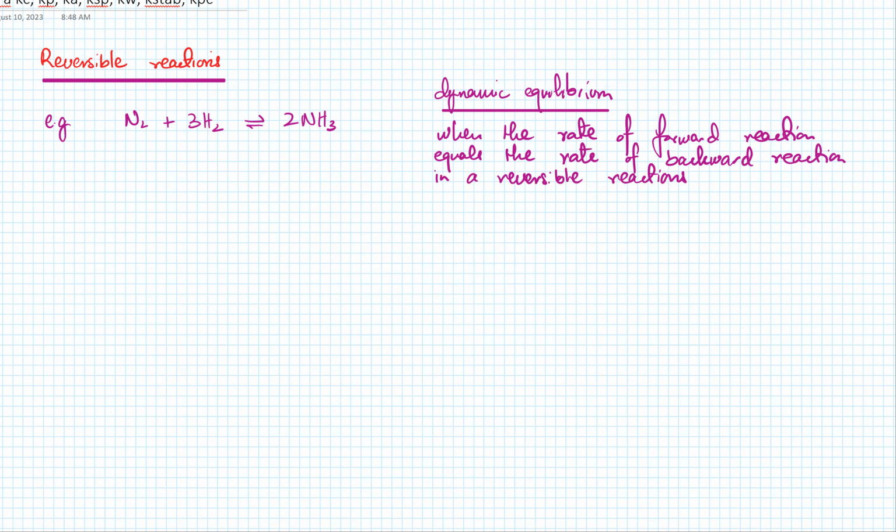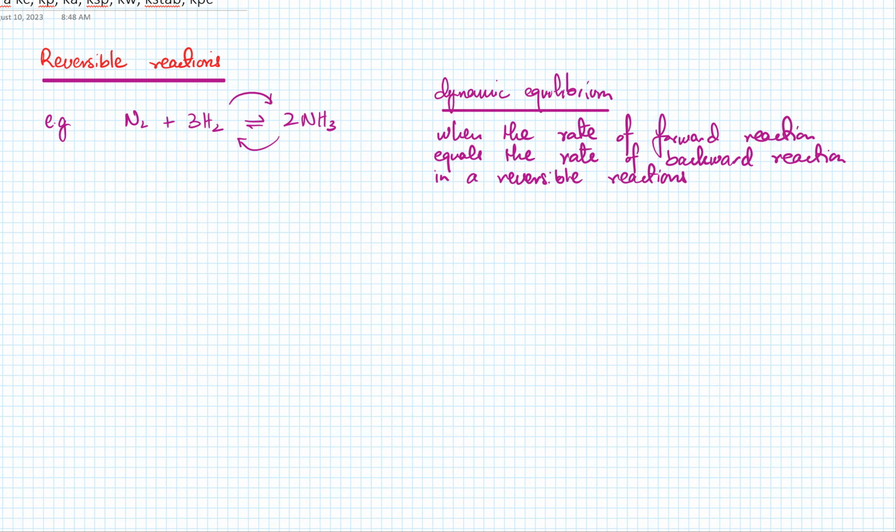In a reversible reaction, okay? Then you have, and you will know this, the rate at which the products are getting formed and the rate at which the reactants are getting formed back again, that rate is equal, okay?